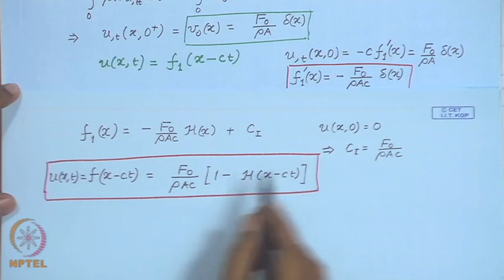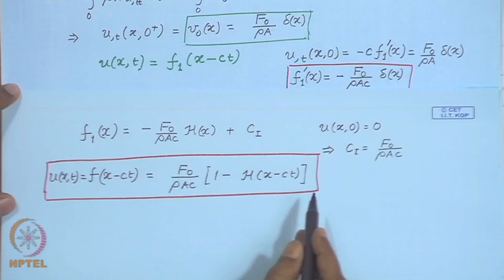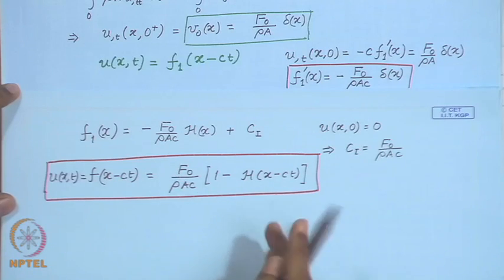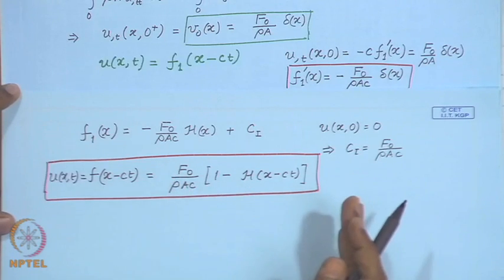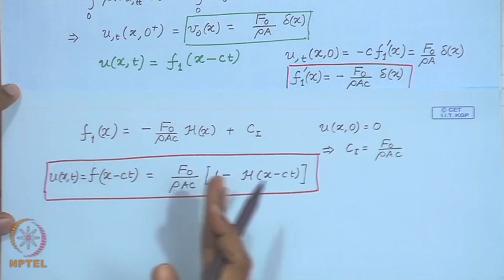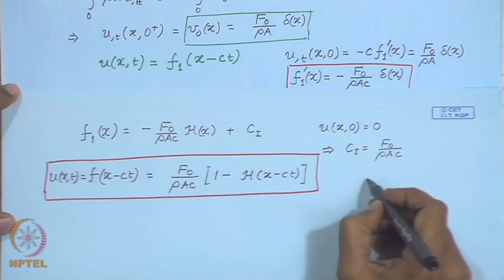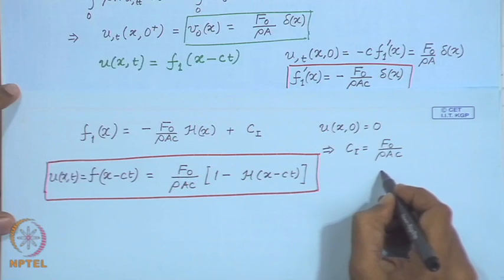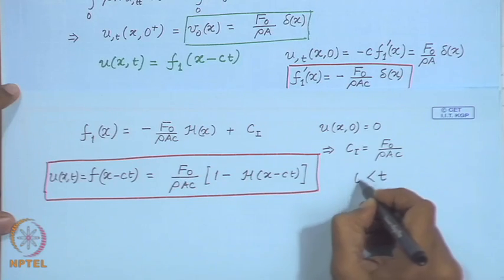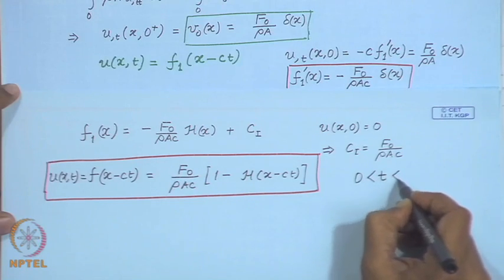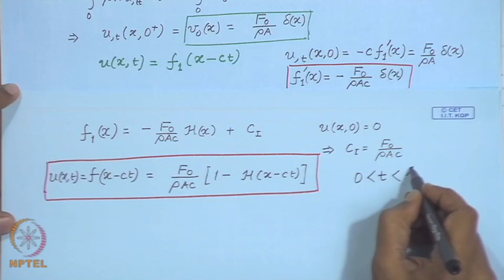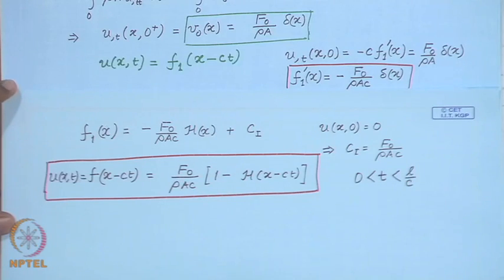But remember that this solution is valid as long as this wave has not reached the right boundary of the bar. So, the validity of this solution is from 0 plus to L over c.